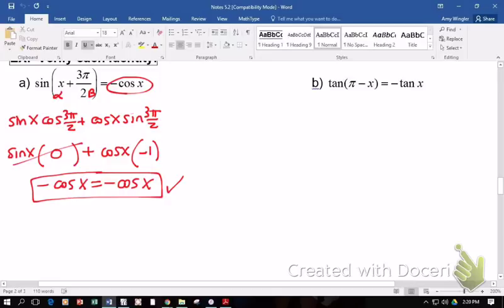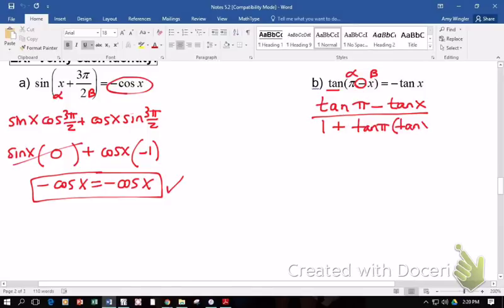If I look at the way B is set up, it's a difference formula for tangent, so alpha is going to be pi and beta is going to be x. So when I use my formula, which you will always get, you do not have to memorize them, I have the tangent of pi minus the tangent of x all over 1 plus the tangent of pi times the tangent of x. So now you can go to your unit circle and find the tangent of pi.